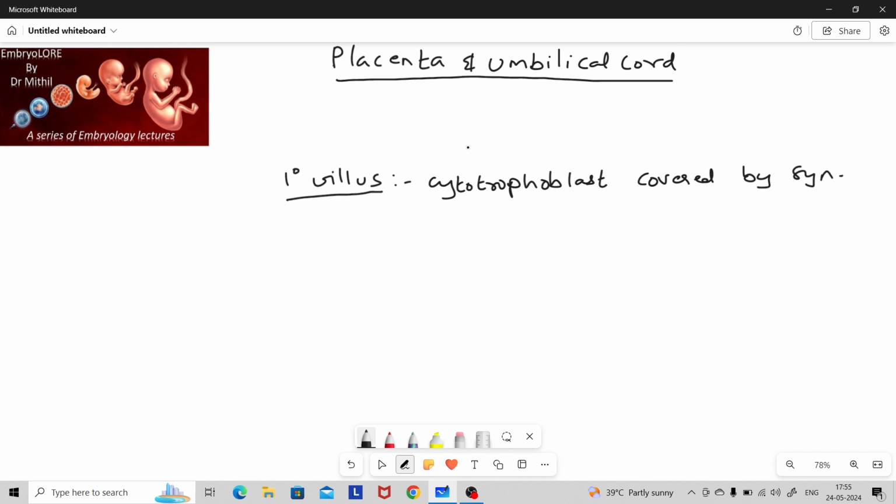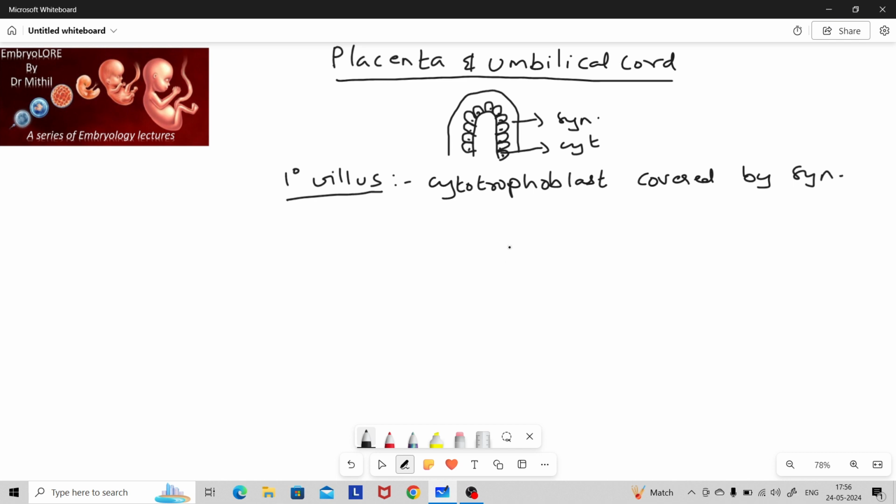As they are finger-like projections, first of all the finger-like projection, on which is the cytotrophoblast, and after this the syncytiotrophoblast. This is how the primary villus looks: the cytotrophoblast covered by the syncytiotrophoblast. This is CYT and SYN, that is the syncytiotrophoblast.